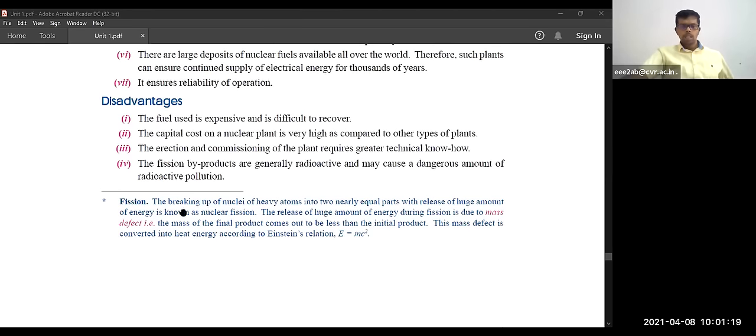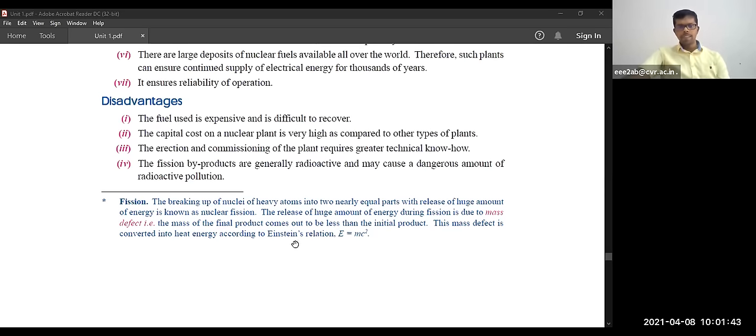Okay, so that's what is said here. The breaking of nuclei of heavy atoms into two nearly equal particles with release of a huge amount of energy is known as nuclear fission. The release of a huge amount of energy during fission is due to mass defect. That is, the mass of the final product comes out less than the initial product.